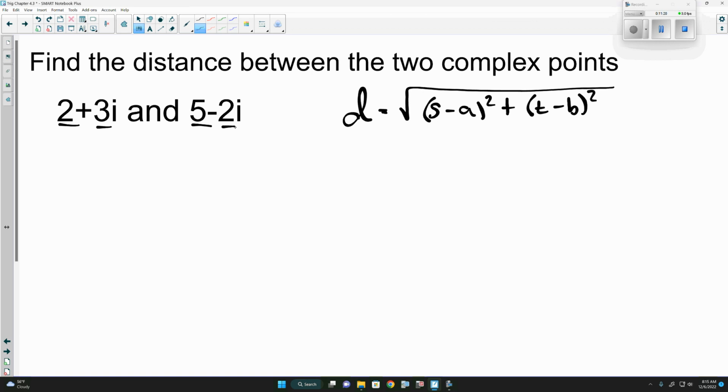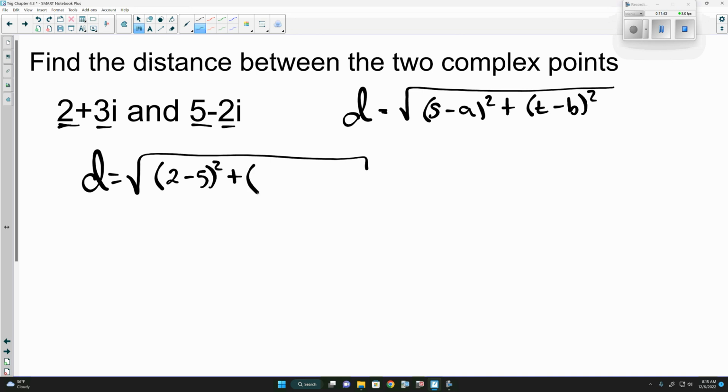The 3 and negative 2 are essentially a part of the y-axis. Okay. And we can plug it in as such. So really, all we're saying is that the distance for this here is equal to the square root of, well, our two x values would be 2 minus 5 squared plus the y values, 3 minus negative 2 squared.